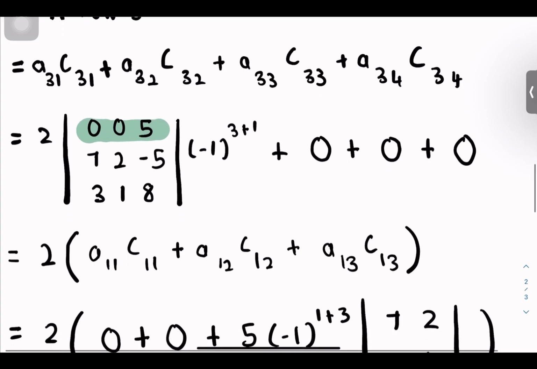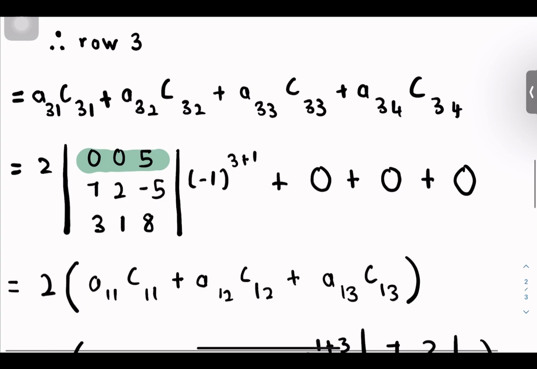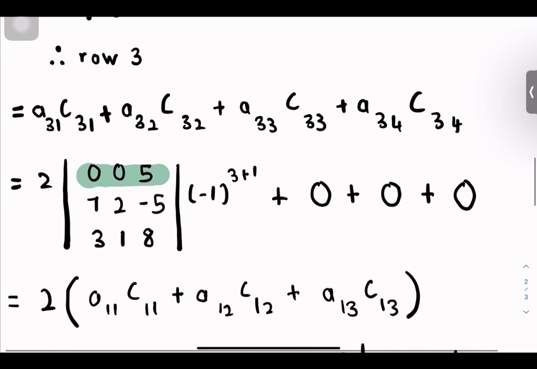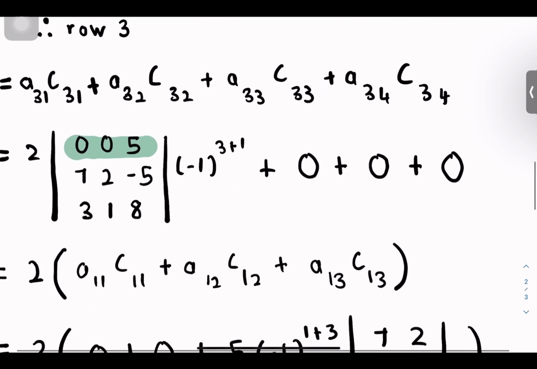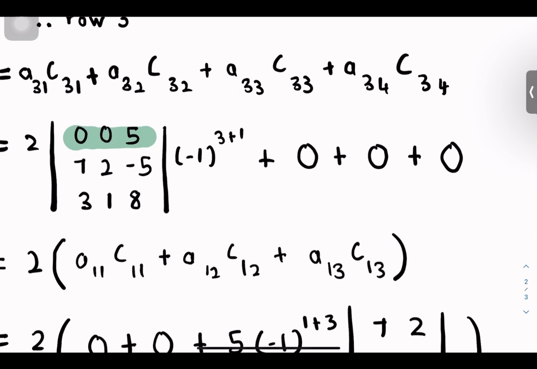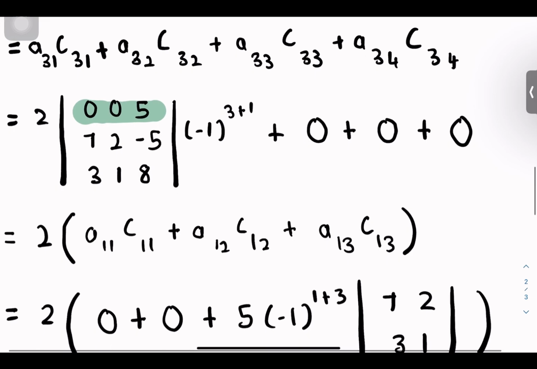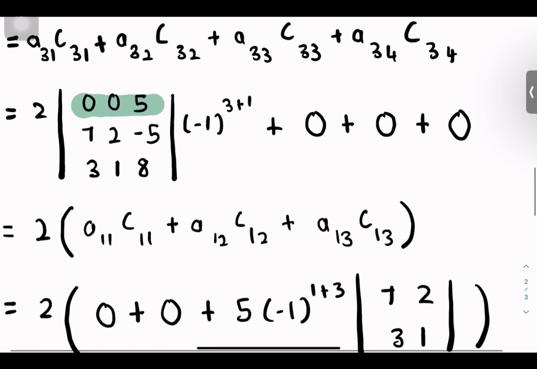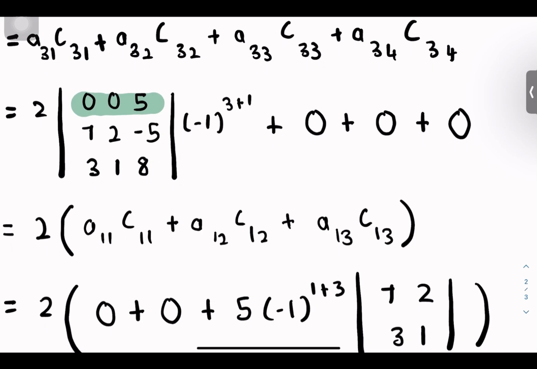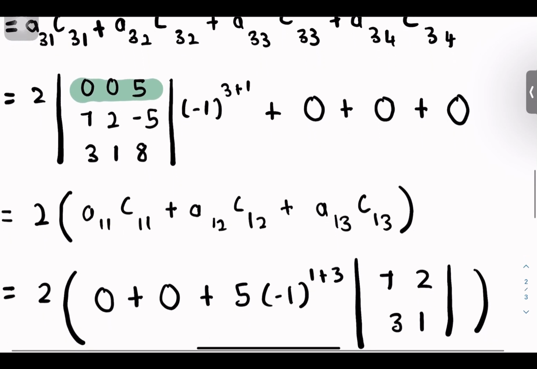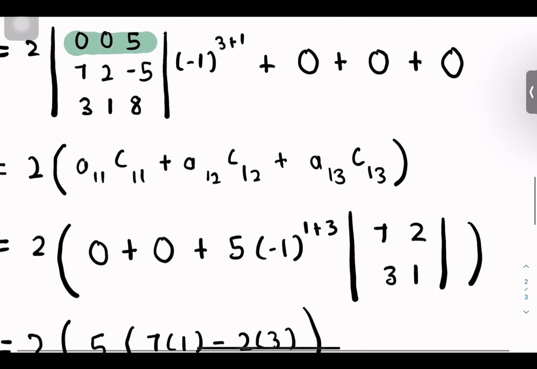So we must apply the eliminate zero method again. We choose where there are zeros, so we choose row 1. From row 1, we apply the cofactor expansion formula: 2 in brackets A11 C11 plus A12 C12 plus A13 C13. We plug them into the formula.